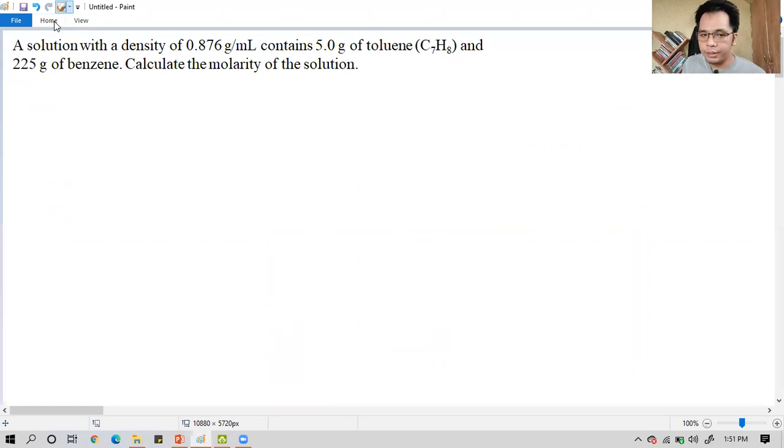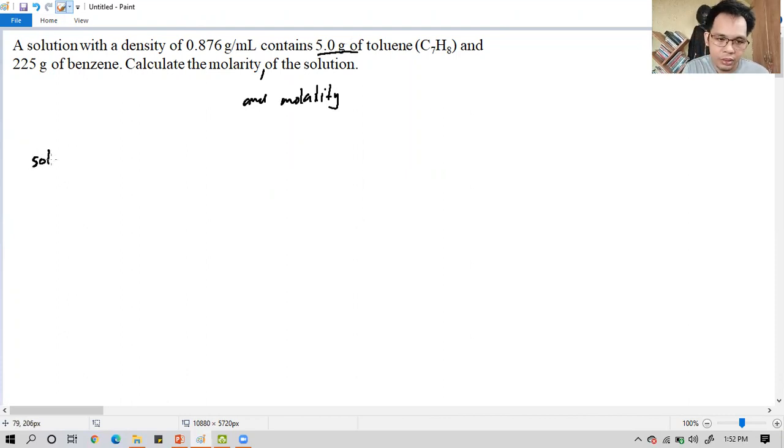A solution with a density of 0.876 grams per ml contains 5 grams of toluene and 225 grams of benzene. Calculate the molarity and molality of solution. Now, we have to establish yung data. Dito, ano ba yung solute natin? The toluene, 5 grams.